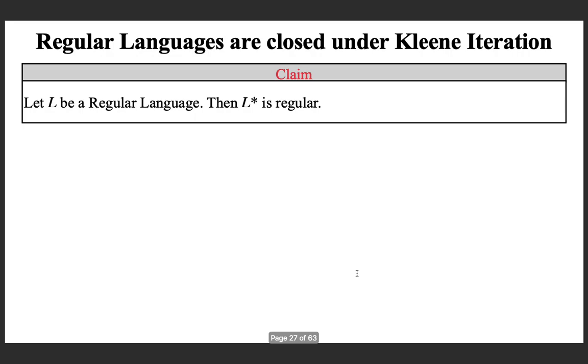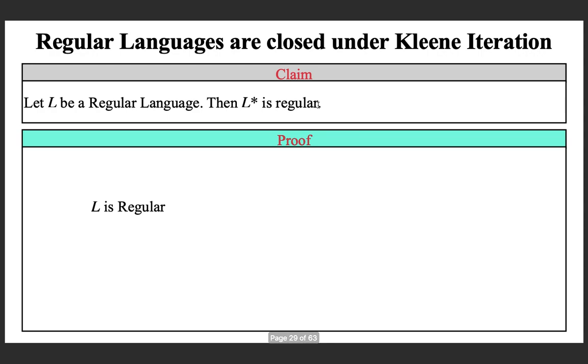Now, look at Kleene iteration or star closure. We can have this claim stating that when L is a regular language, then the star closure of L is also regular. We have to have a proof.